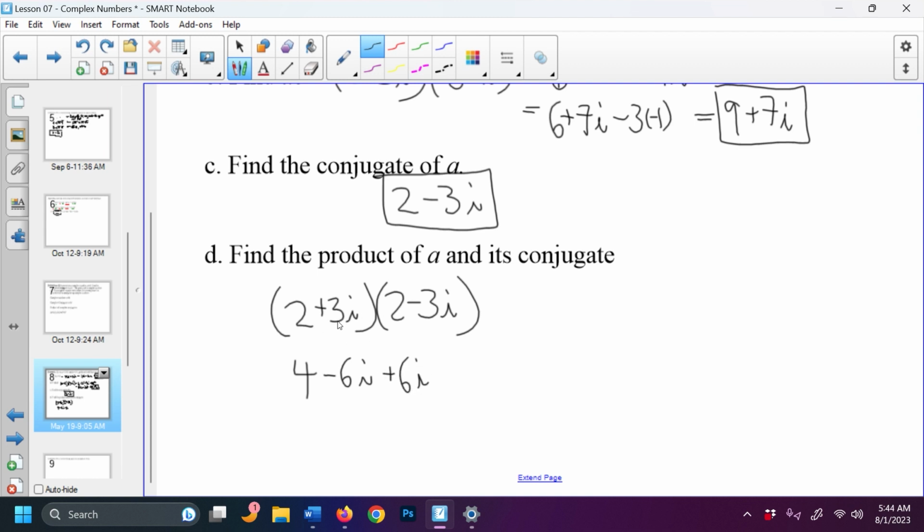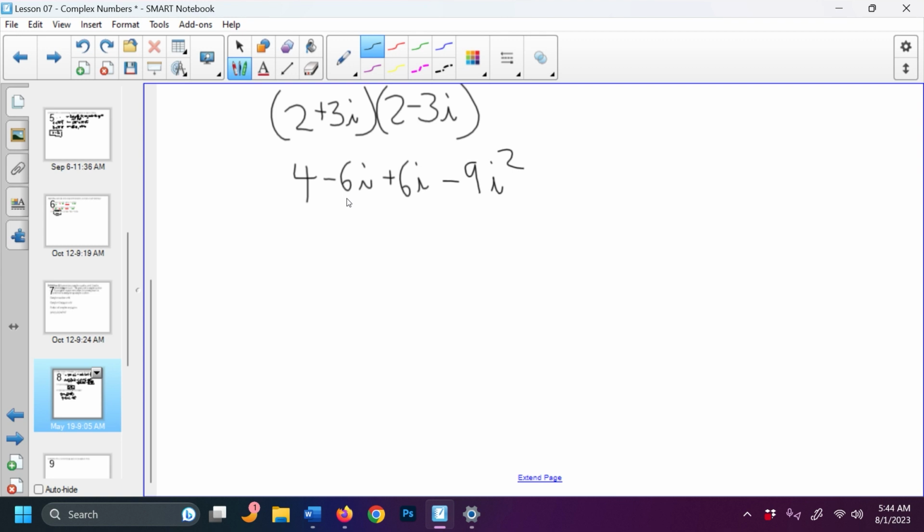And then 3i times negative 3i is going to be negative 9i squared. You'll notice that I have negative 6i and positive 6i. Those cancel. The i squared becomes negative 1. So I have 4 minus 9 times negative 1, which will become positive 9.